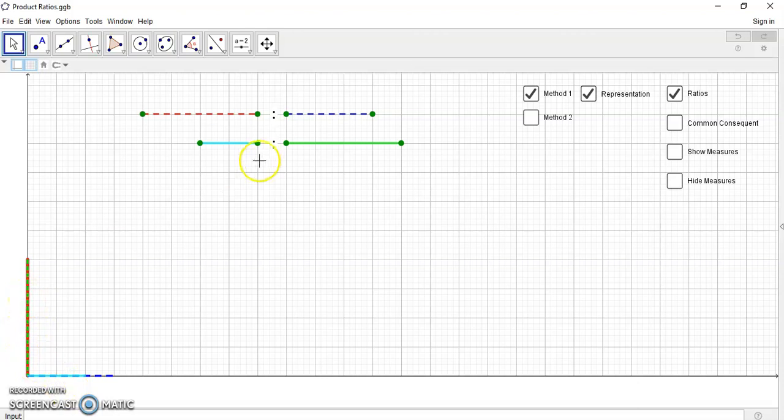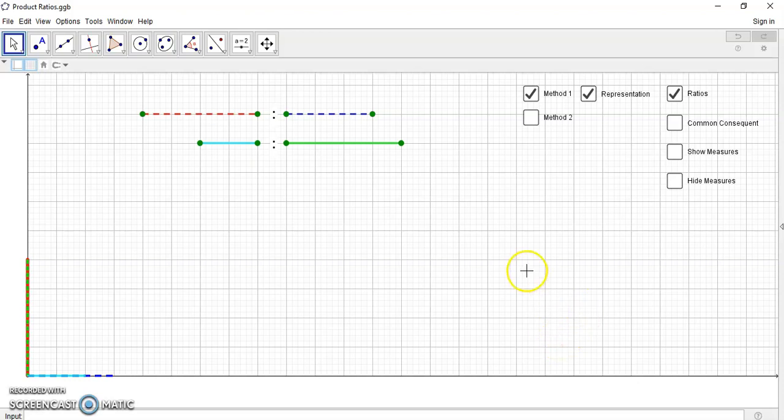So now we put the consequent on the same side as the antecedent of the first ratio, and of course the antecedent becomes a consequent. Then we proceed as we did before and simply take the quotient, and that ends up being the product, okay? It's as simple as that, because multiplication is just a reciprocal measure of the quotient.